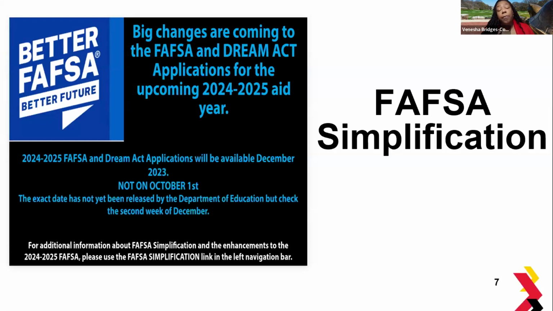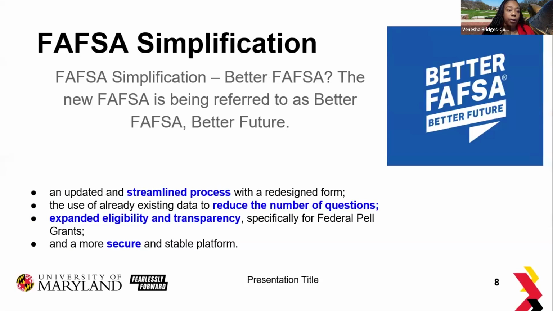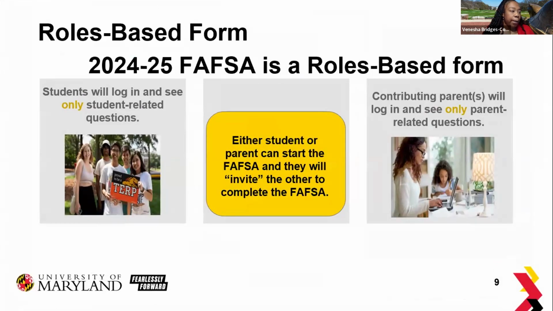Because the new FAFSA process is different, they have simplified the application so that it's easier for students and families. So it's a streamlined process. They have reduced the number of questions. Also, there may be expanded eligibility and transparency for specifically the federal Pell Grants. Some students that may not have been eligible for federal Pell Grants for previous years now may be eligible under that FAFSA simplification and that expanded eligibility that they have created.